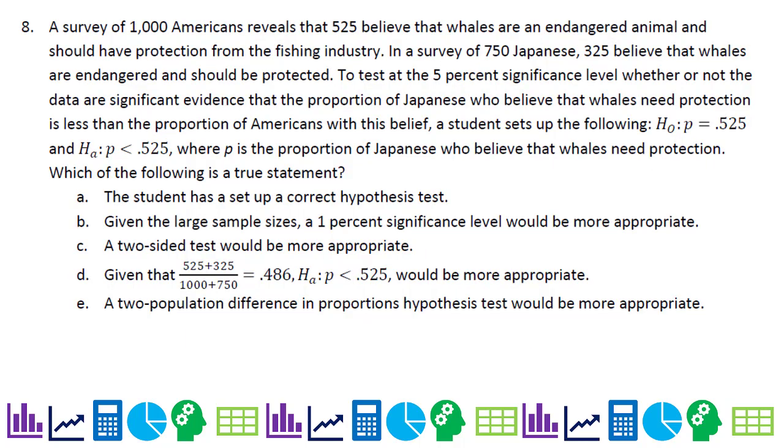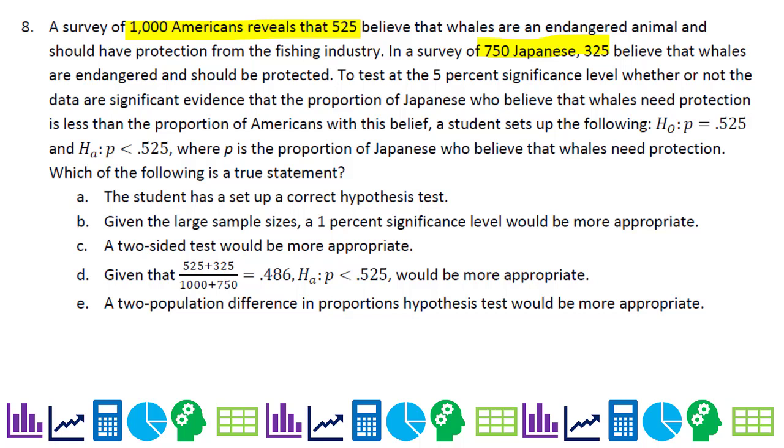Number 8. A survey of 1,000 Americans reveals that 525 believe that whales are an endangered animal. So 525 out of 1,000 Americans, and should have protection from the fishing industry. And a survey of 750 Japanese, 325 believe the whales are endangered and should be protected.